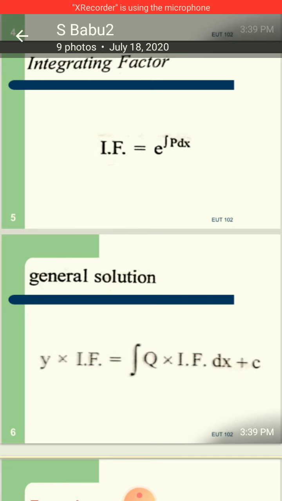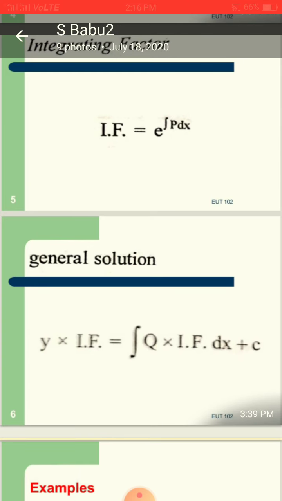Then e power integration of capital P with respect to x, that means e power integration of P dx, is known as the integrating factor.